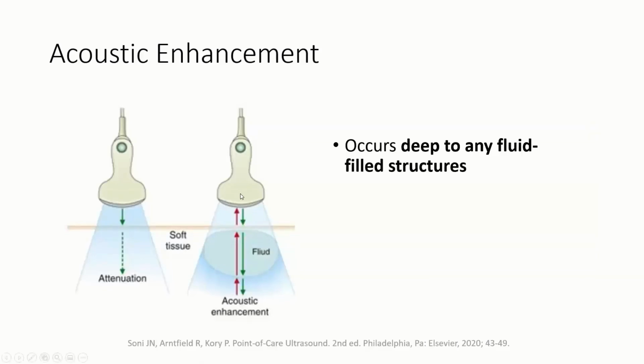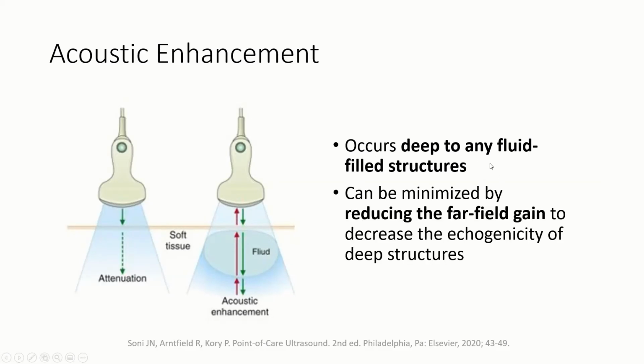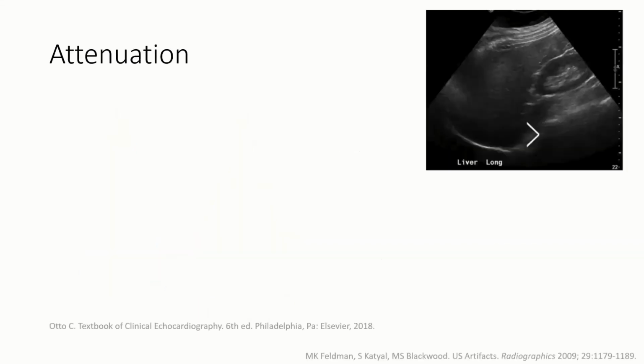So acoustic enhancement occurs deep to any fluid-filled structure. That can be minimized by reducing far field gain, and then you can improve the quality of the image. This is not an artifact, but when you do ultrasound here, this area is hard to see, so you have a chance to miss something in this area.